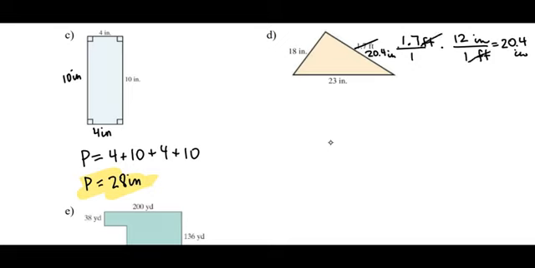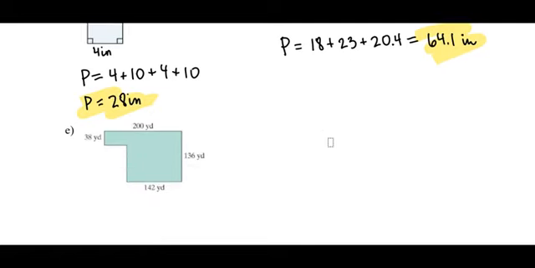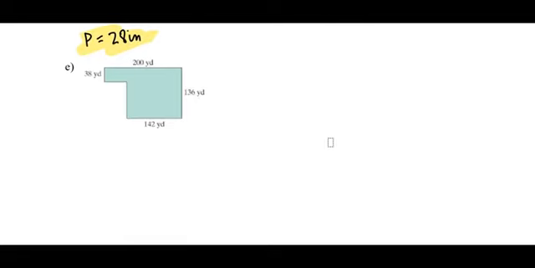Once we have all the same units, now we can find the perimeter. So 18 plus 23 plus 20.4. Okay, so we have 61.4. All right, so be very careful when you look at your units. Here we have to convert one to make them all the same.